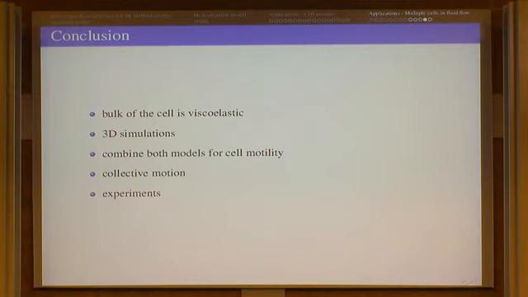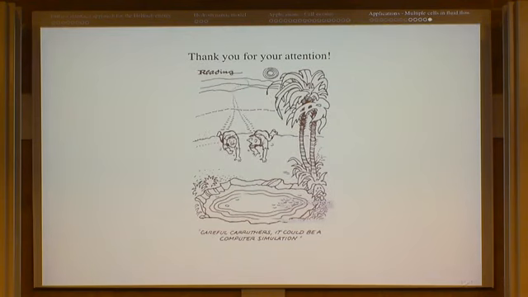All simulations with fluid flow, not the one in the beginning, are just in 2D; can we extend them to 3D? We are actually working on this. Does it make any sense to combine the models for cell motility, where we have the contractile stress and the membrane protrusion? And I'm working on the collective motion. And of course, we are always interested in experiments. Okay, and then I thank you for your attention.